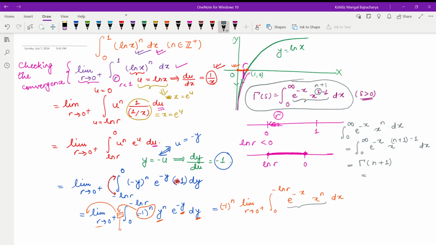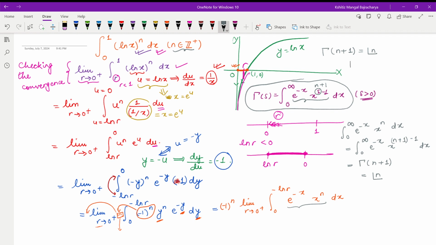N is a positive integer. So by property of gamma integrals, if n is a natural number, then we can write gamma n plus 1 as n factorial. Alright, n factorial.